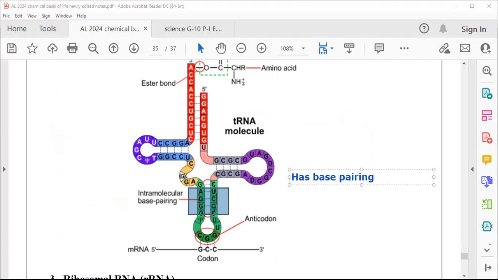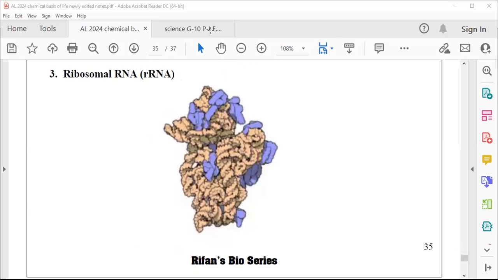Base pairing. rRNA also has base pairing. Understood?